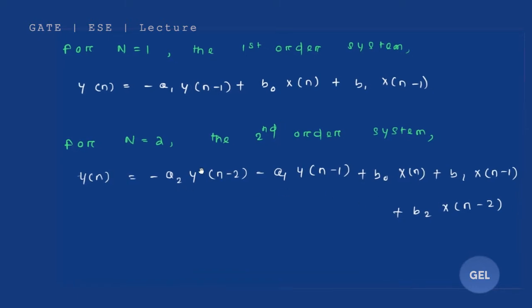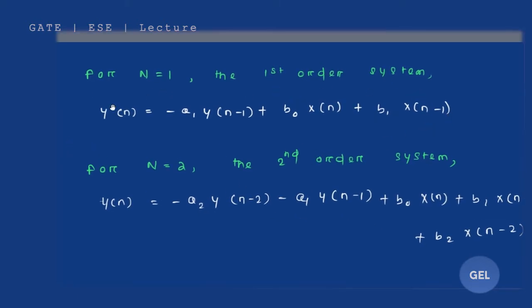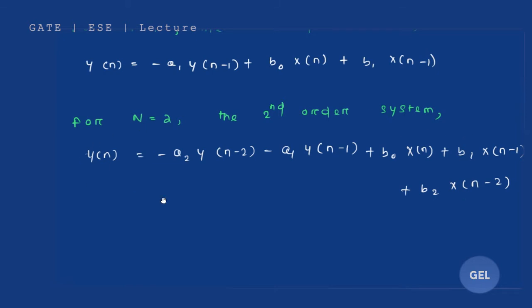So clear the concept. For a first order system the equation will be given like this, and for the second order system the equation will look like this.